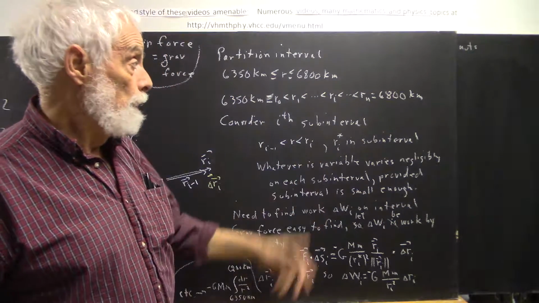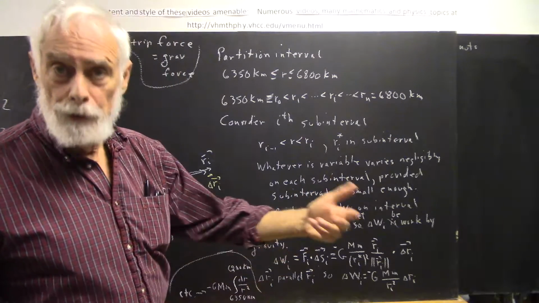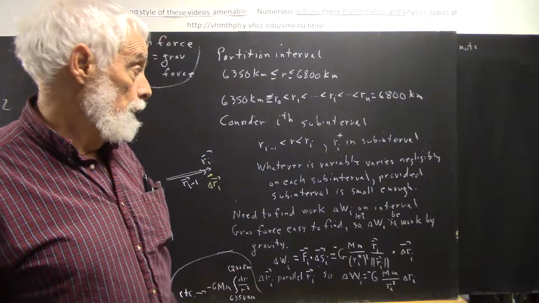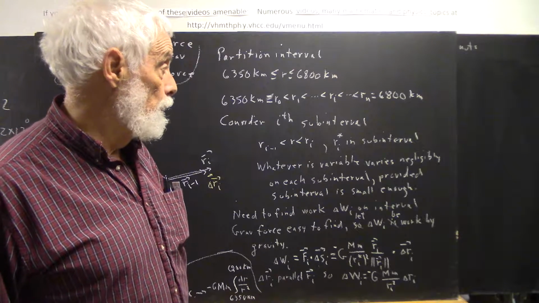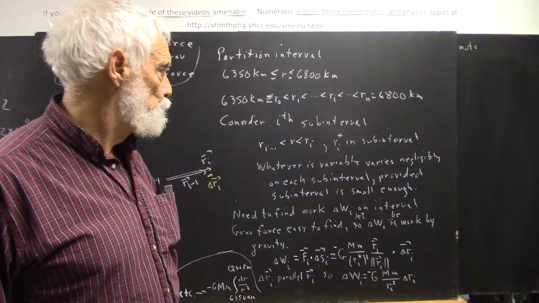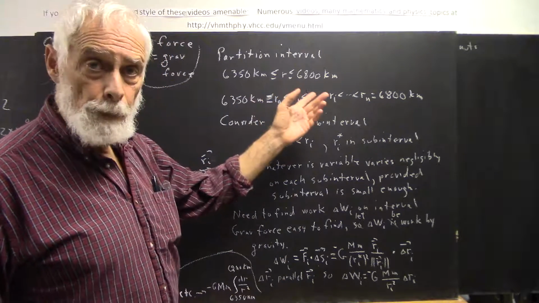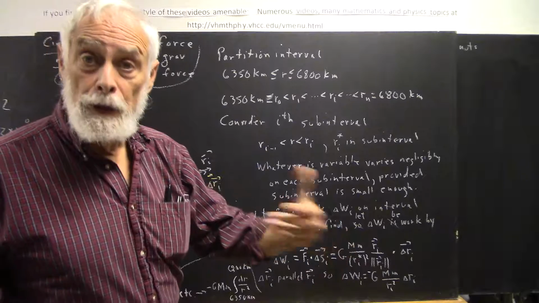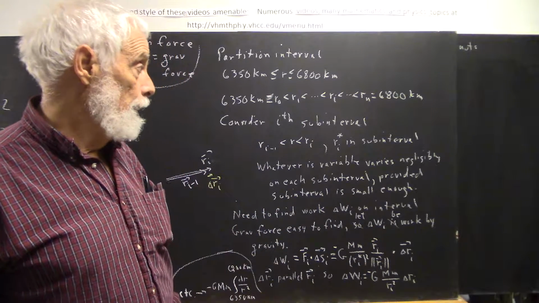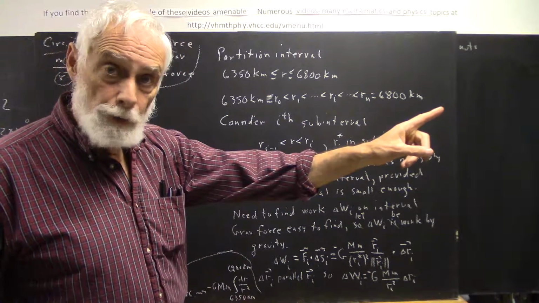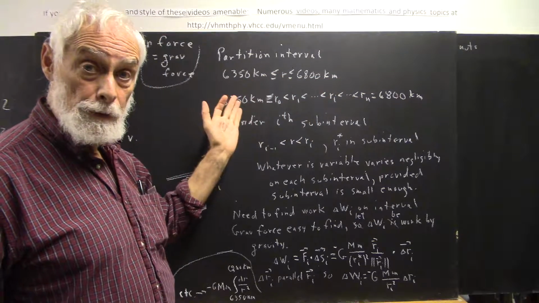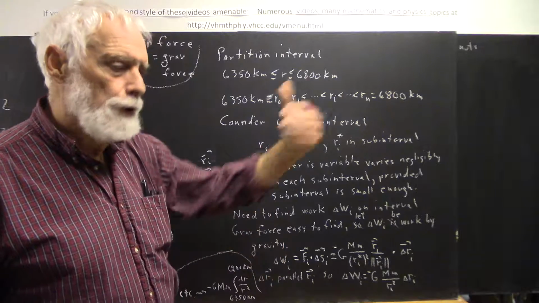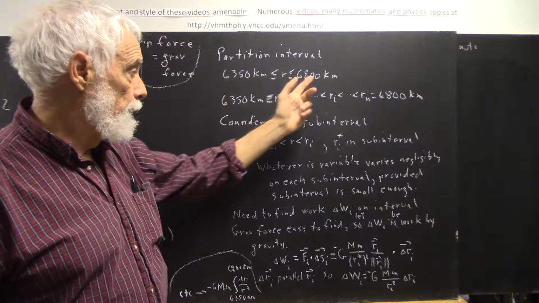Now, what we're learning in multivariable calculus right now is about conservative forces and so forth. We did some stuff in lab where we look at the conservative nature of some forces. We could have chosen another path, and from what we know about gravity, we can verify that it is a conservative force, and that even if we didn't go directly along a radial line, we get the same result for the work done against gravity from this distance to this distance.